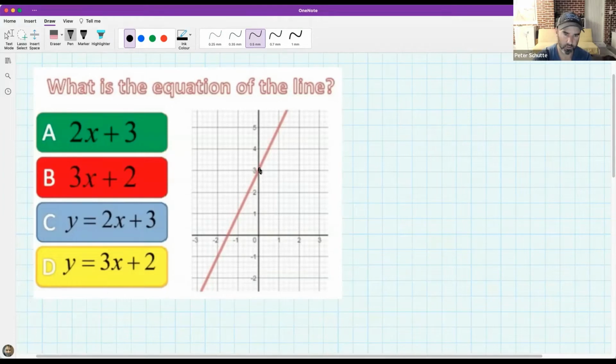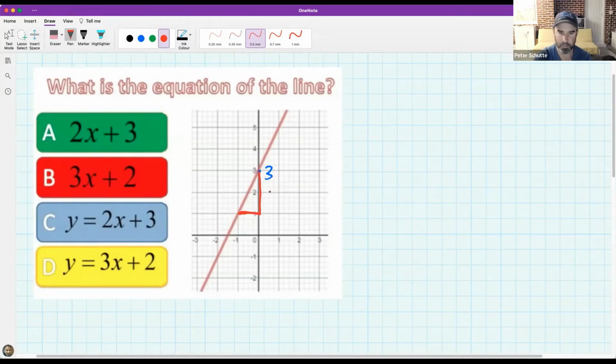So for those who can't see, this is a 3, what we would call the y-intercept. So what is the equation of this line? Is it A, B, C, or D? The other thing that's very important with straight lines is the gradient. Is it possible to work out the gradient of this line?